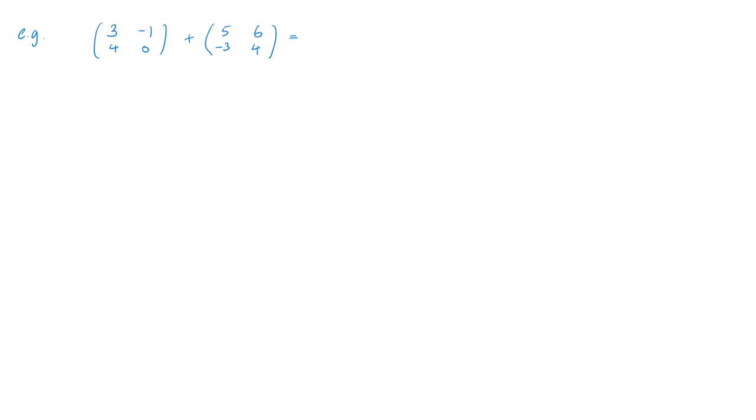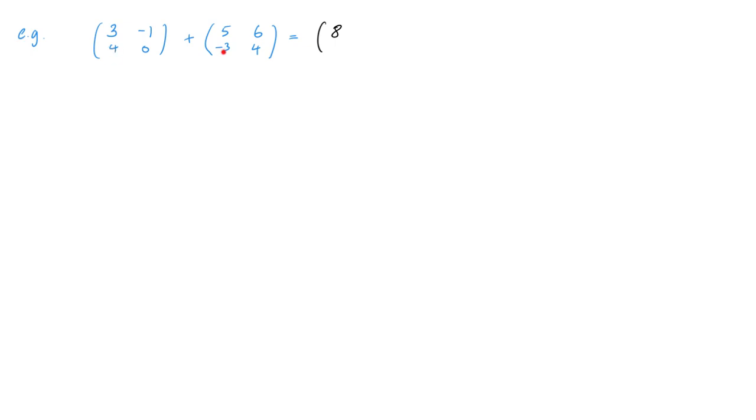Here we have two matrices that are 2 by 2s, so they're exactly the same size, and we're going to add them. To add them, I add the corresponding elements. This 3 will add with this 5 and become 8.